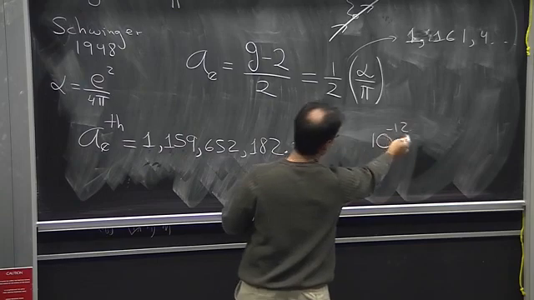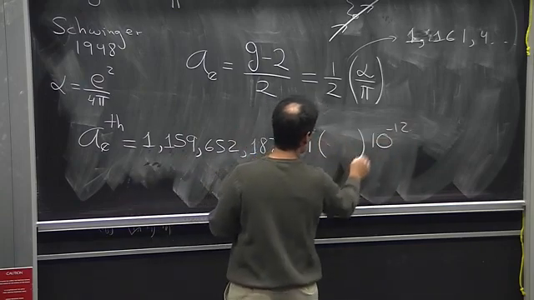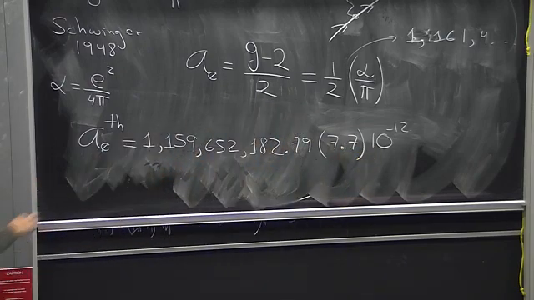The reason we put this horrendous number here is that we want to quote the error as 7.7. That's the error.